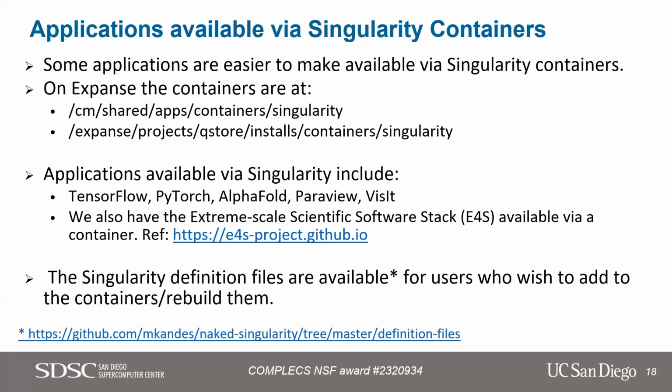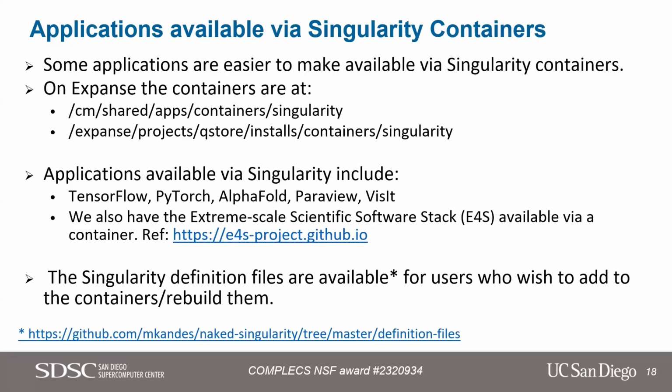Okay, besides the environment module, we also use Singularity to install some applications system-wide and make them available, because those applications are easier to make available through a Singularity container.